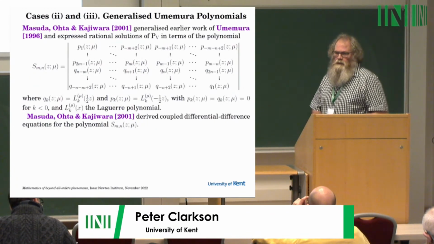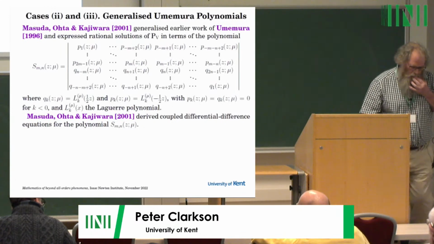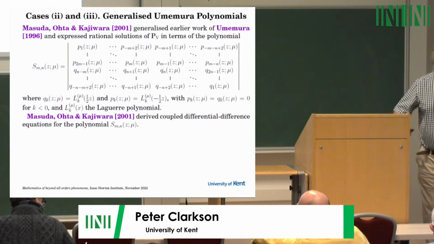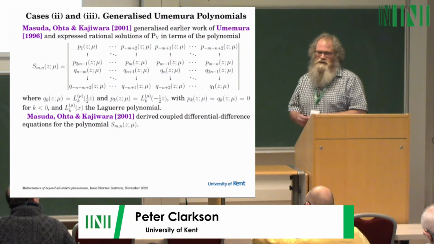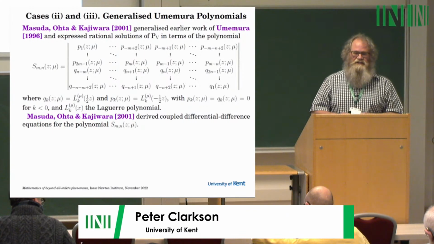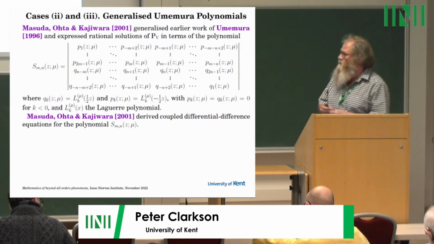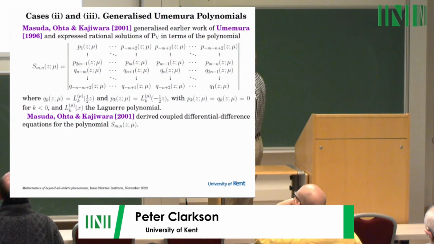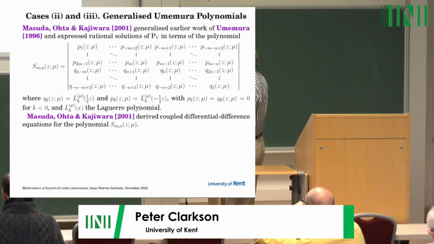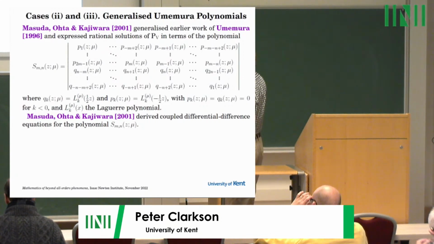Now, cases 2 and 3 are in terms of generalized Umemura polynomials. Umemura wrote down some polynomials in 1996 related to the rational solutions of Painlevé V, and they were subsequently generalized by Masuda, Ohta, and Kajiwara, but they wrote them in terms of this determinant, which is not an easy determinant to actually evaluate, because you see that the p's are going down here and the q's are going up.